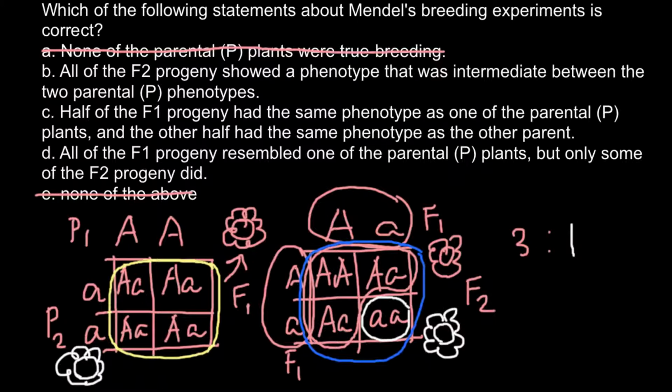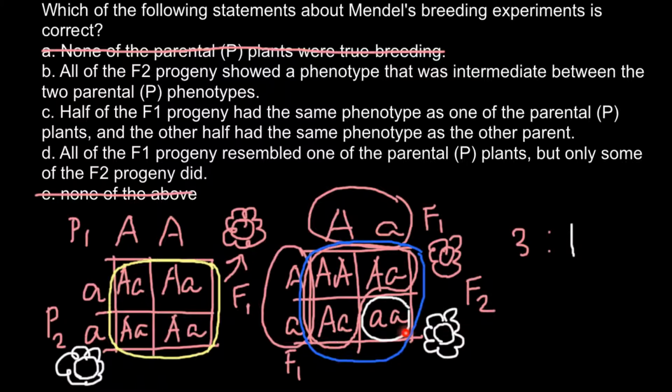So next answer, all of the F2 progeny showed a phenotype that was intermediate between the two parental phenotypes. And as you see here, the F2 generation, circled with blue color, represents distinct phenotypes. So these were red, 3 to 1 white.